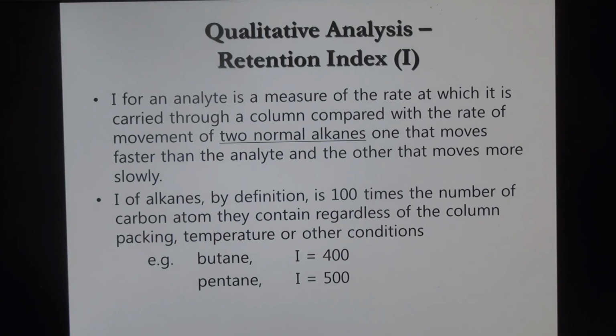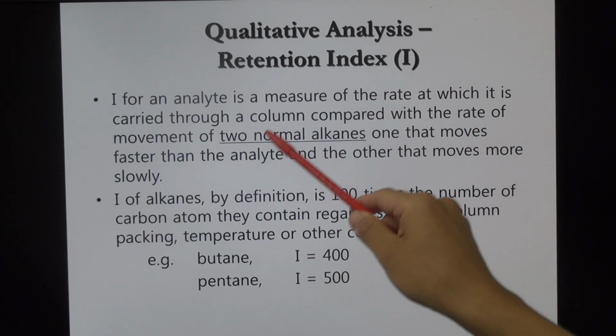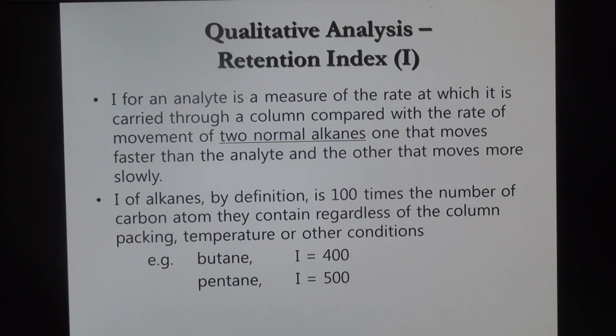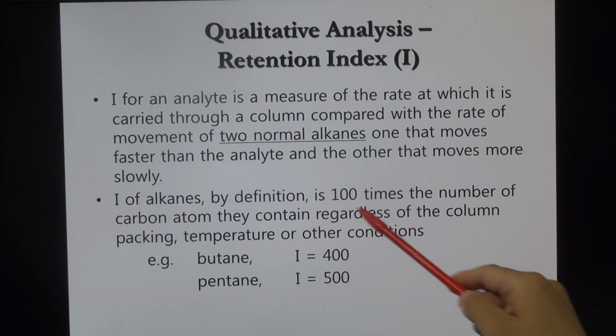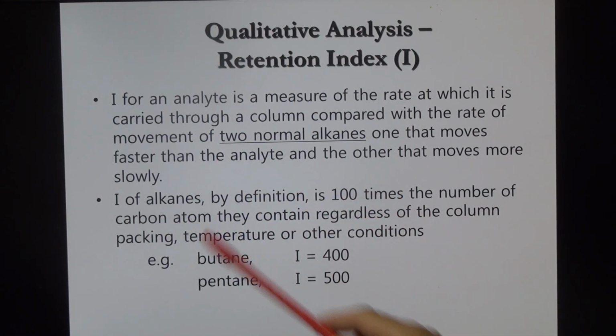We denote retention index for normal alkanes, such as butane, pentane, hexane, heptane, something like that. And retention index of alkanes are basically, by definition, 100 times the number of carbon atoms. So for butane, which has 4 carbons, retention index is 400.